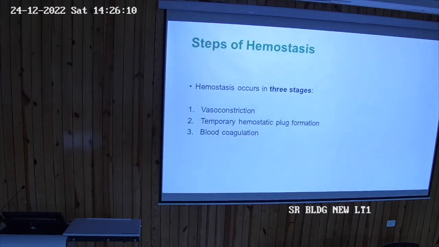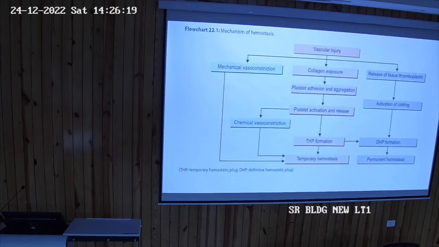Steps of hemostasis occur in 3 stages: vasoconstriction, temporary hemostatic plug formation, and blood coagulation. When there is vascular injury, there is mechanical vasoconstriction. Okay. Endothelium gets damaged, so the collagen gets exposed. Okay. Release of tissue thromboplastin. Okay.